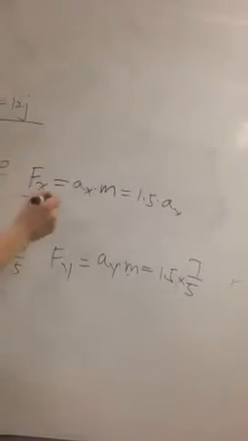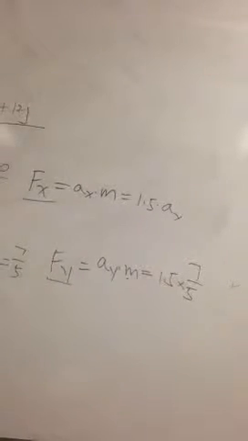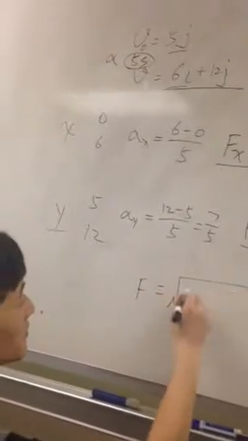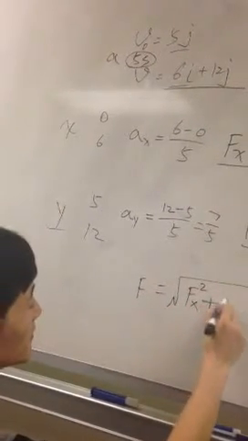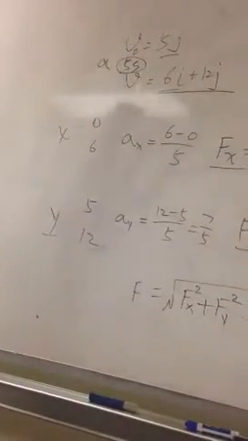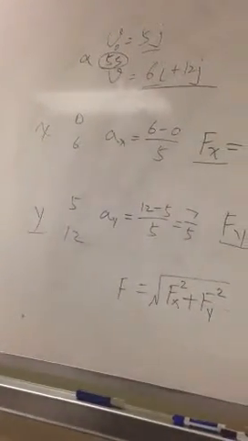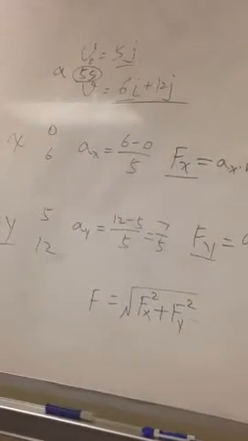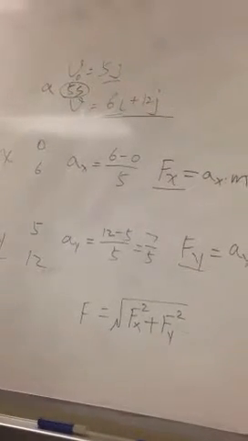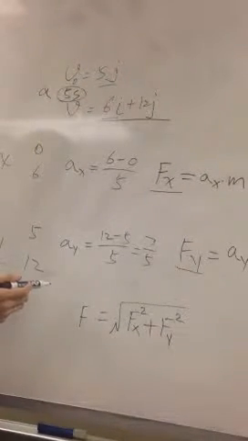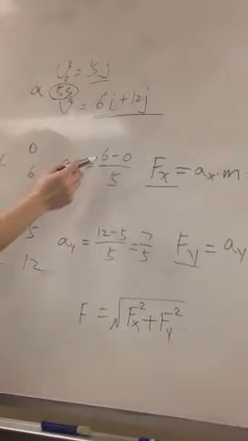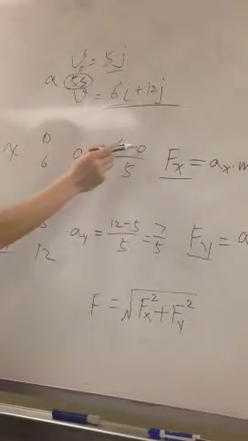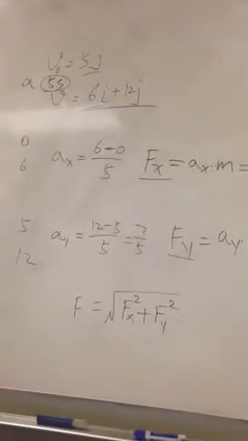So right now you found Fx, Fy, and the total force will be... So ax is 6, I mean ax, sorry, and 6 minus 0 over 5. Yes, 6 over 5.